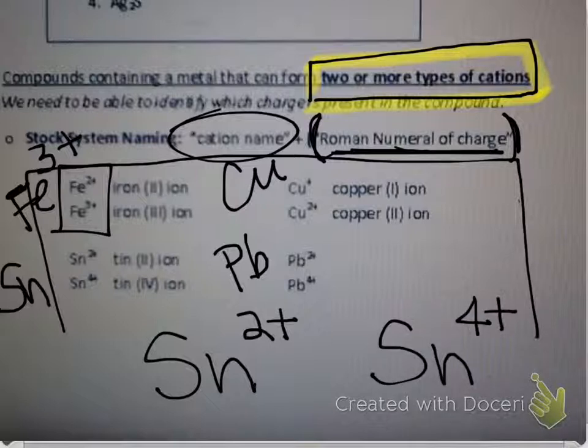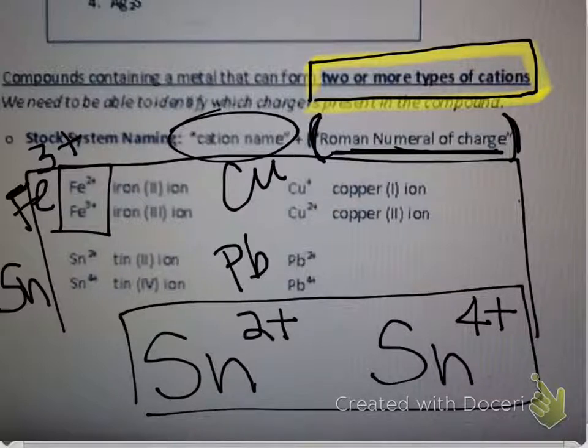So tin can be +2 or +4. How are we going to name these ions? If I have a compound that contains a tin cation, I need to designate which cation is present in that compound. According to the Stock system for naming, I'm going to call this the tin 2 ion, and this the tin 4 ion.